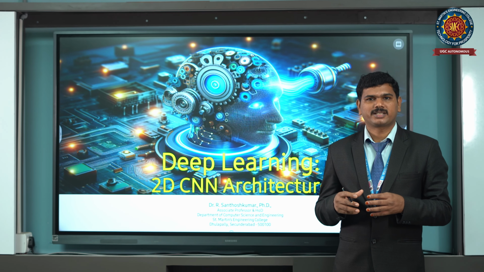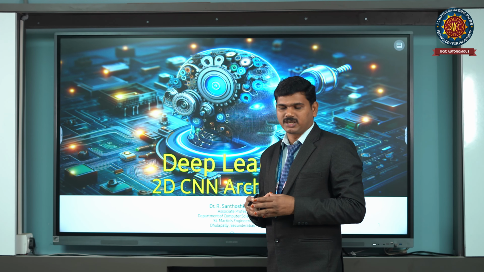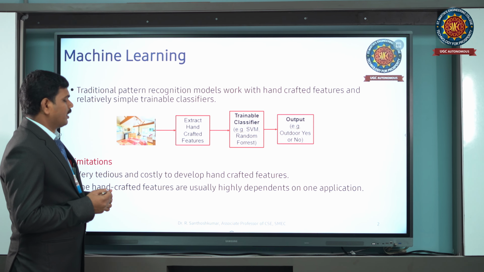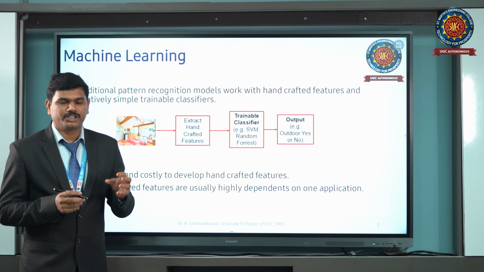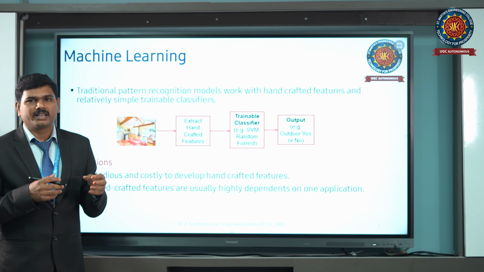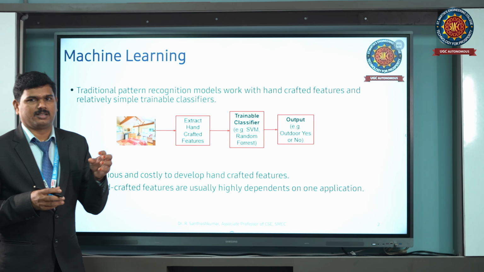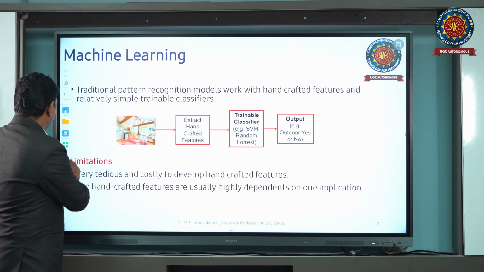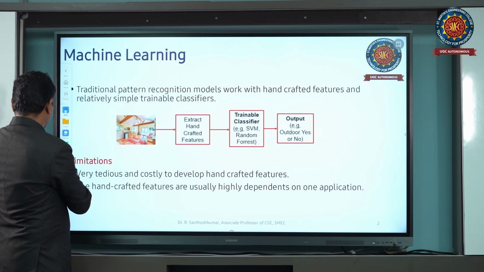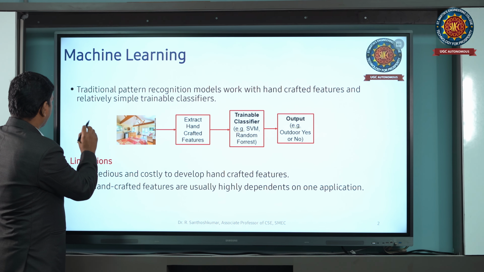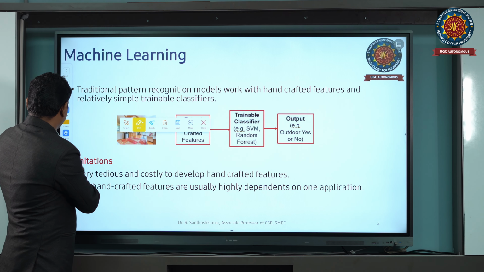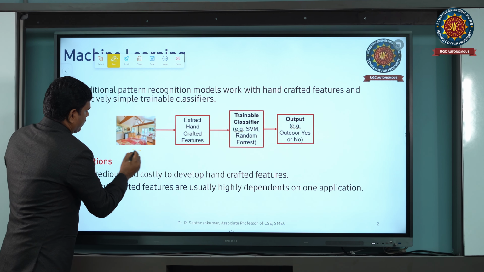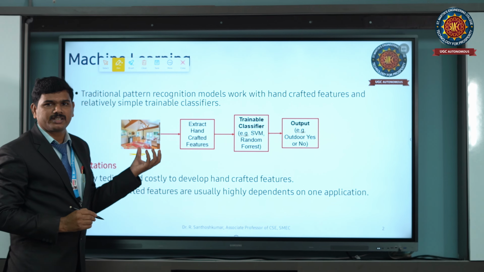Now coming to machine learning. So what is machine learning? Machine learning is a machine which trains on data from previous data sets. Say for example, there is an image, and I want to do feature extraction from this image.